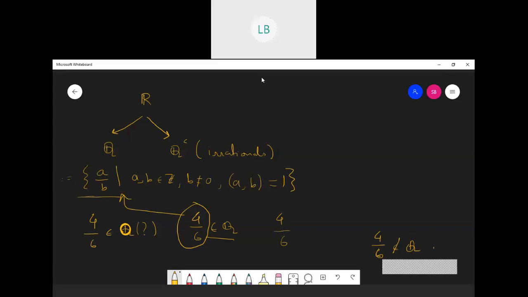But now let us think, can 4 by 6 be a real number? Suppose it is. If 4 by 6 is real and 4 by 6 is not rational, then 4 by 6 is irrational. But that is completely wrong, right? 4 by 6 can't be irrational.